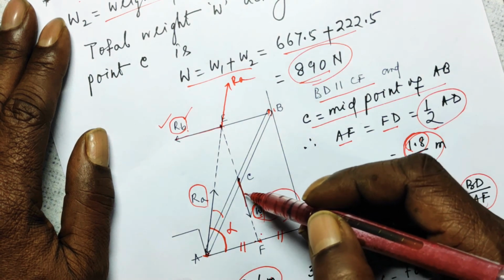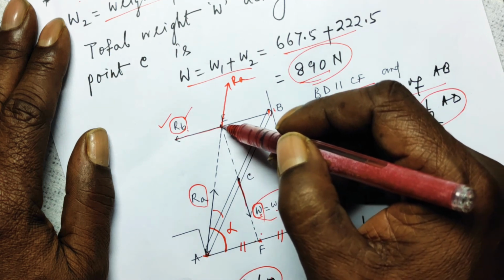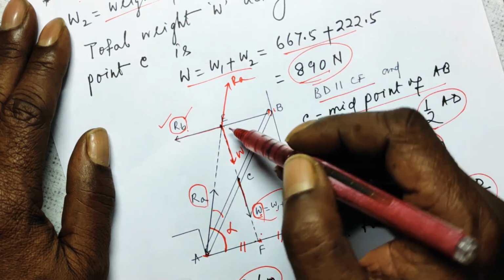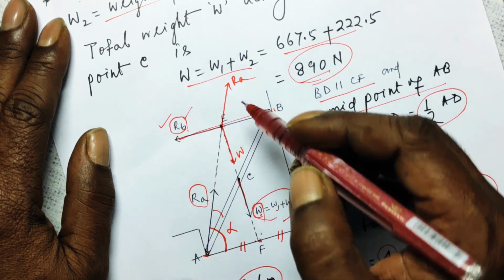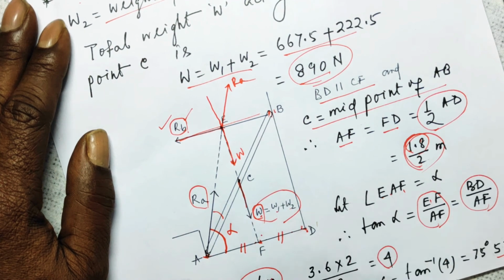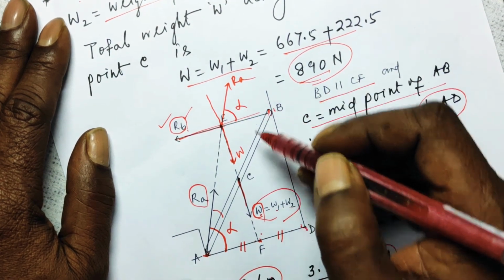Now, the line of action of W, you can shift it here and show it here as W. Now, here, if you draw this as x-axis and this as y-axis, then this angle will also be alpha.